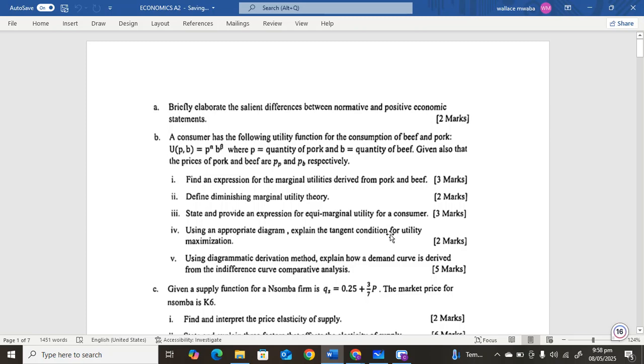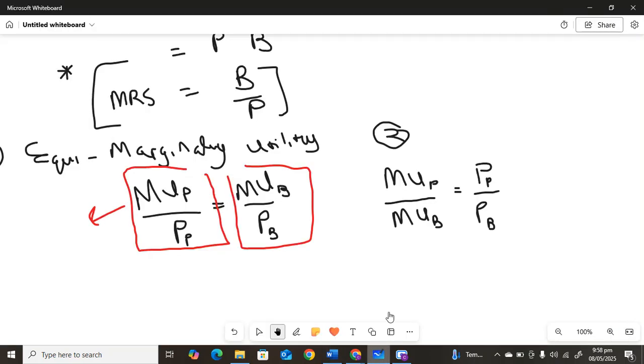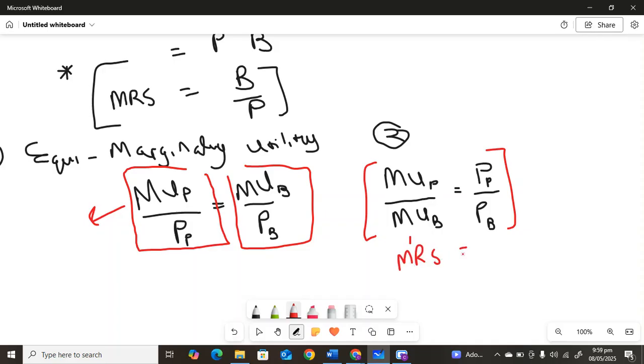The tangent condition for utility maximization is this one here. When we say tangent, it just means when the slope of the indifference curve and the slope of the budget constraint line are the same, then the consumer has got the best bundle. This one on the left-hand side is our marginal rate of substitution, MRS. On the right-hand side is the slope of the budget constraint line.